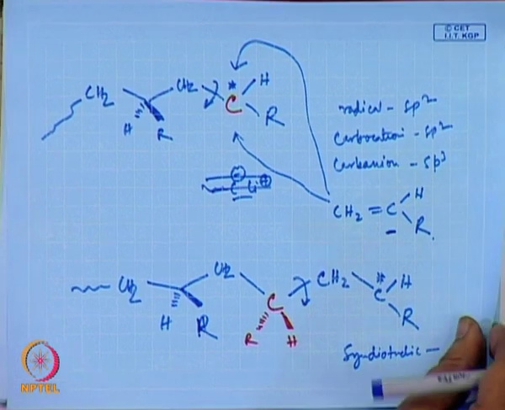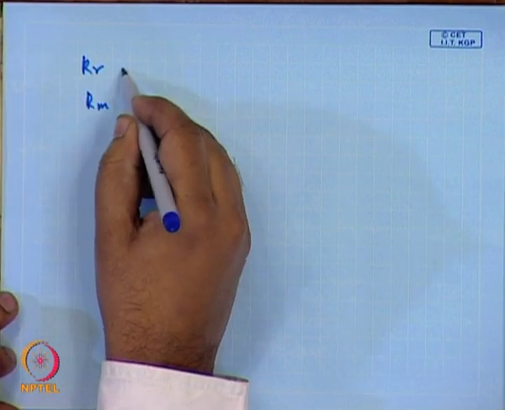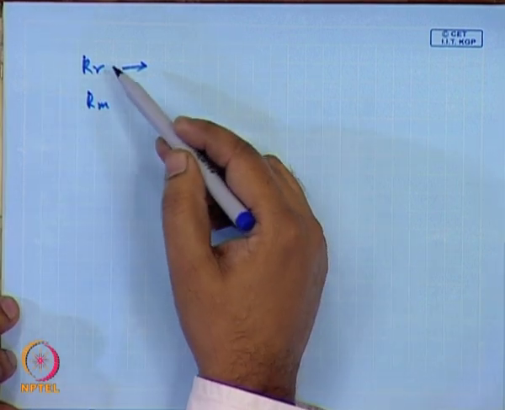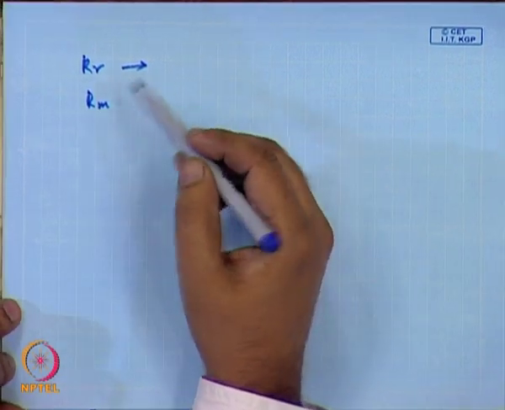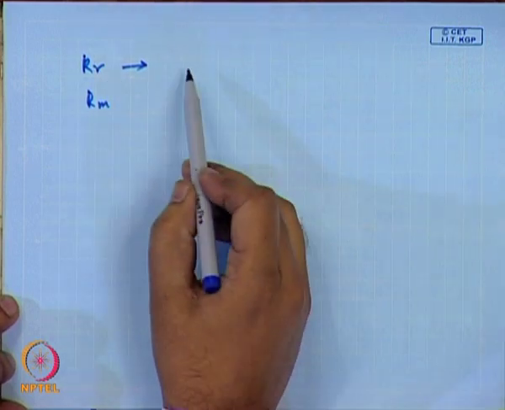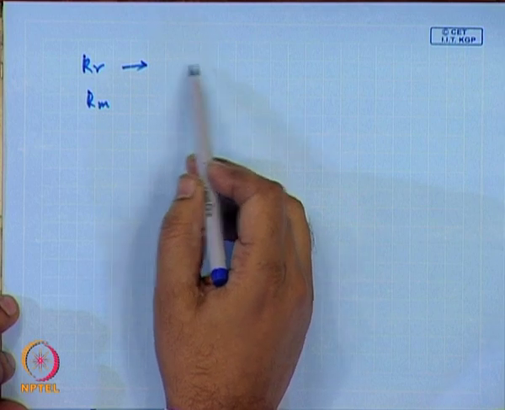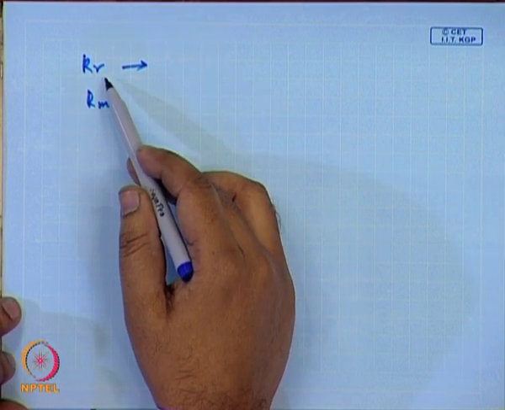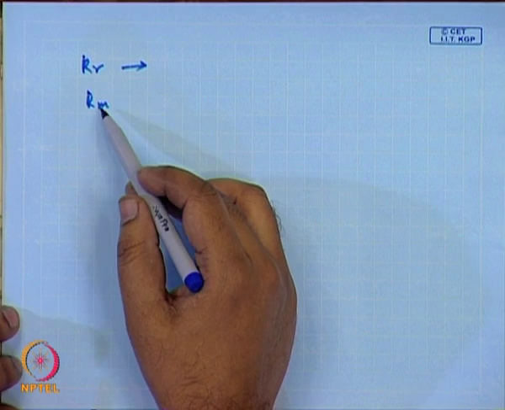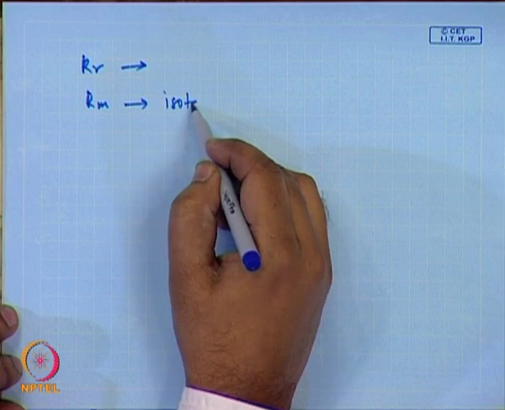So, we can write these two approaches with two rate constants, Kr and Km, where Kr is the rate constant for the syndiotactic addition. R means racemic, two consecutive carbons will have different configurations. And Km is for the meso, which will give the isotactic addition.